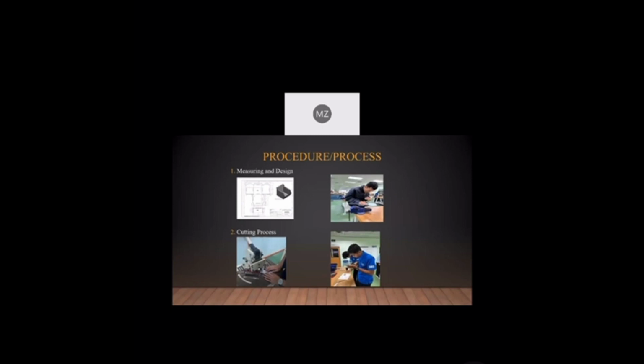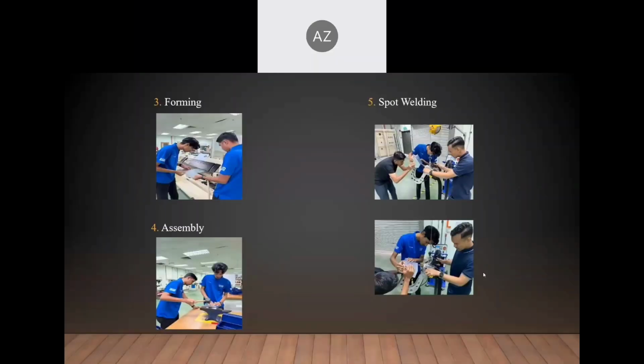Number two is the cutting process. For cutting we use a hand notcher and aviation snip. In the picture is me doing the cutting using the aviation snip and hand notcher. This process is made according to the marks that have been made on the plate. So the next slide will be given to Azim.